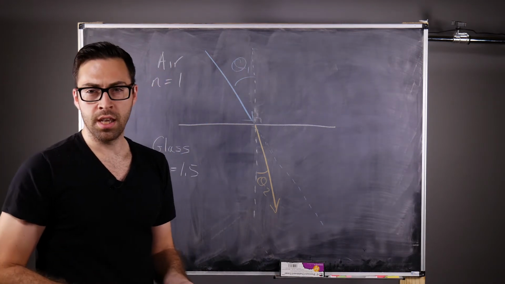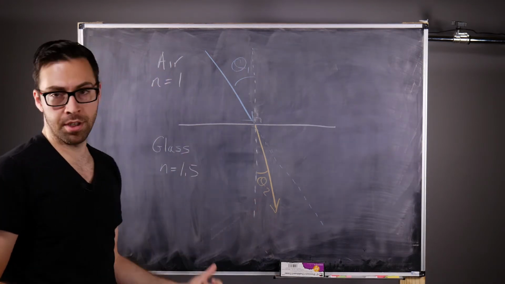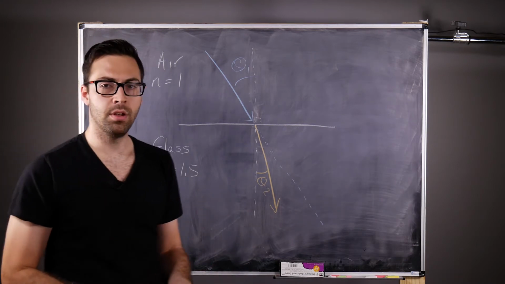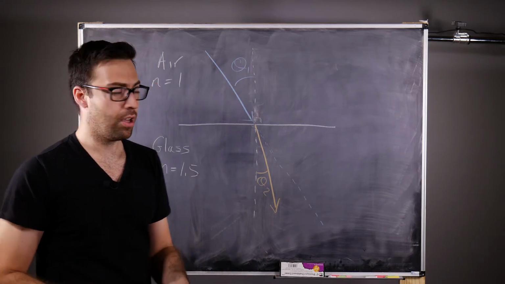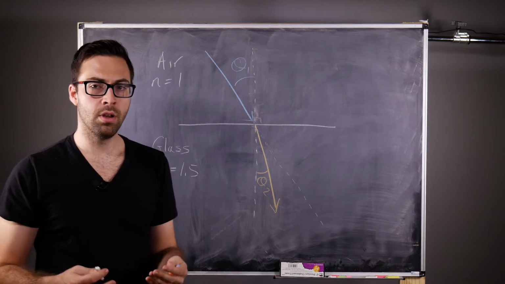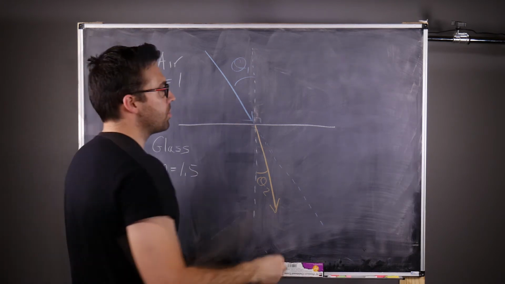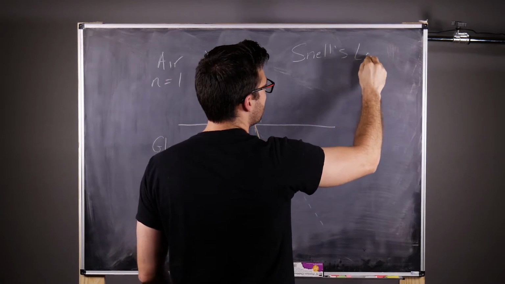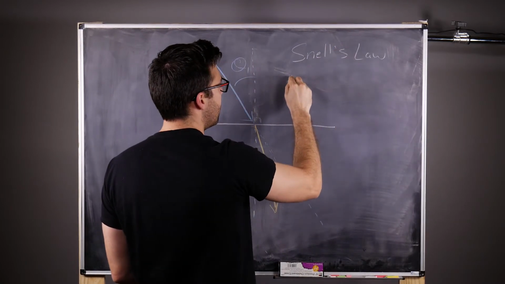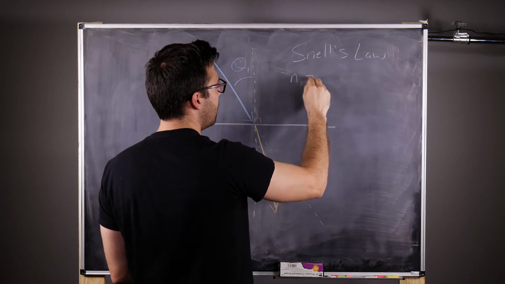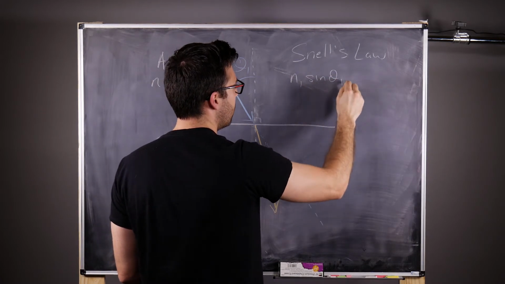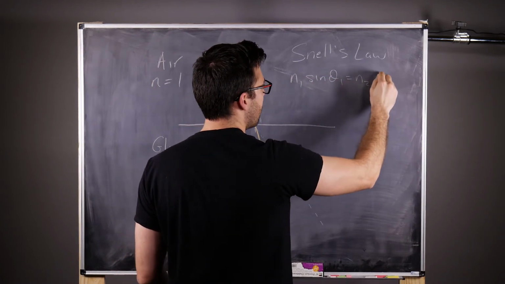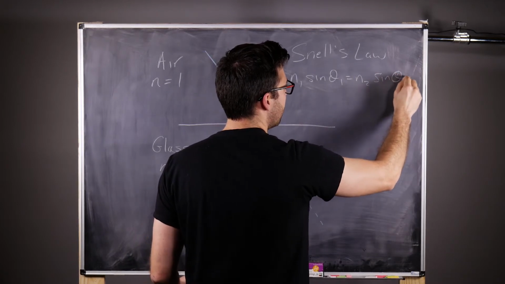So Snell's law gives us an expression that describes this relationship. I'm going to write it down. In a future video, we're going to derive it so you know where it comes from. But for right now, let's just take it as fact. So Snell's law states that n1 times sine of theta 1 is equal to n2 times sine of theta 2.